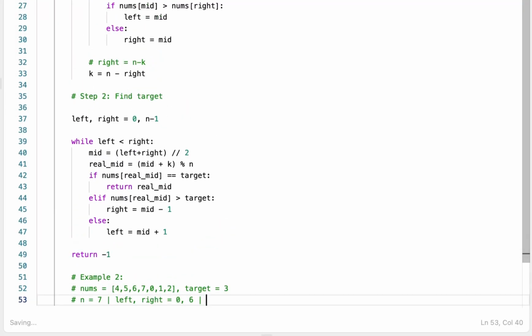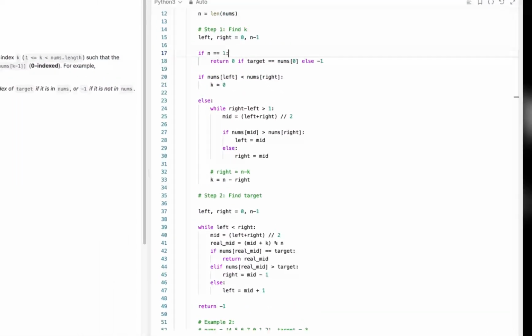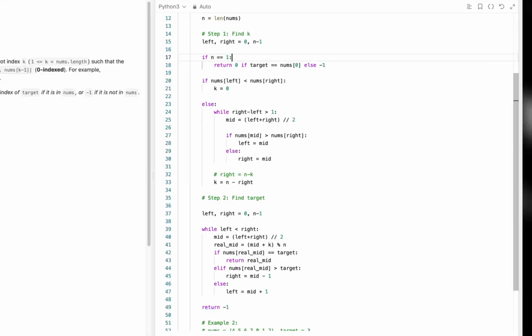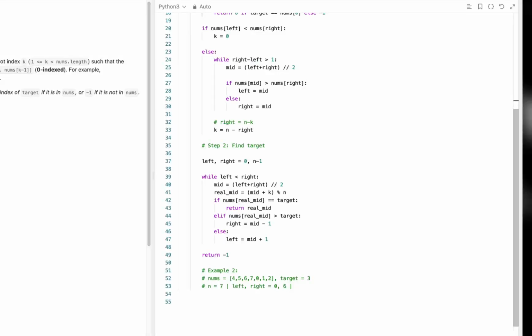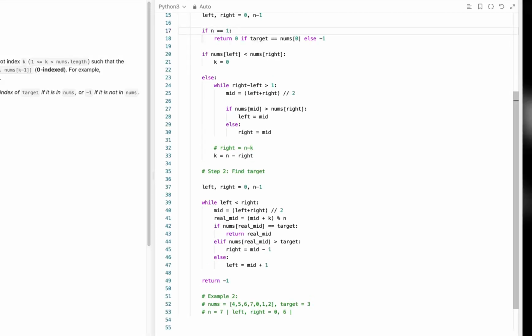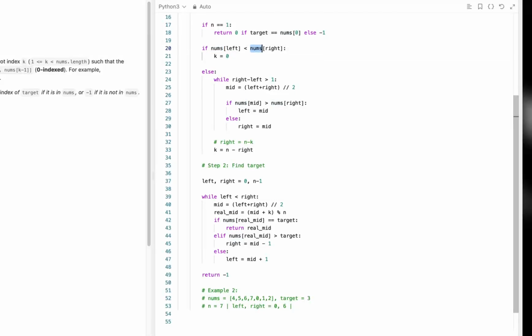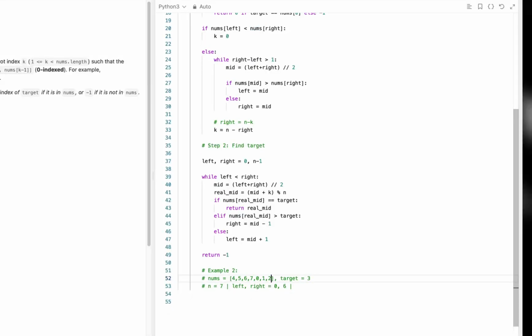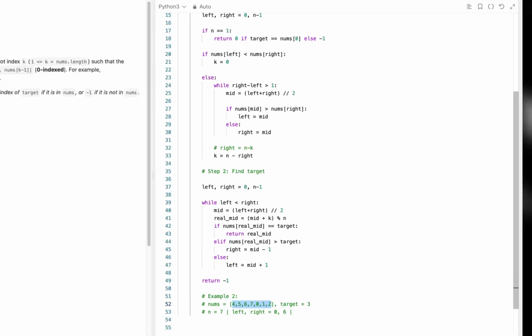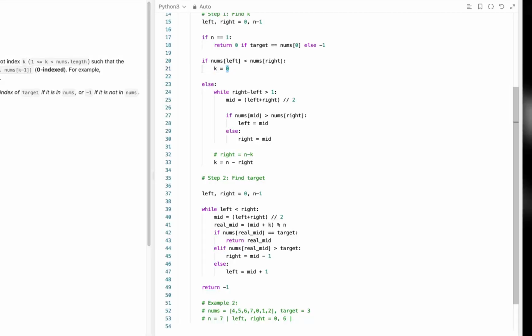Then what happens here? We know that n is not equal to 1. If it was, we would return 0 if target is equal to nums, else it's not in there. As it's not the case, we just check that if nums left is strictly inferior to nums right, which means that the whole array is in ascending order, in which case k is equal to 0.